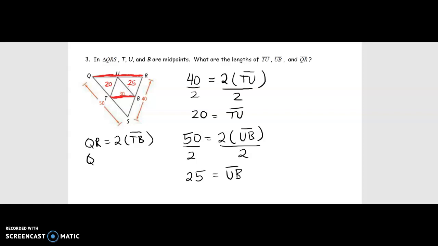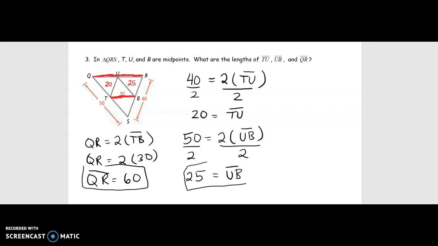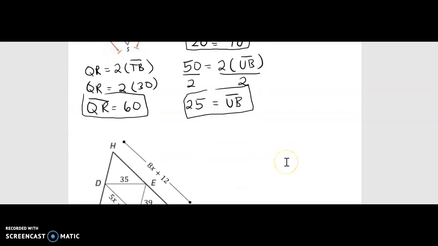QR, we still don't know what that is, so I'll leave it alone. 2, and then we have the measurement of TB, which is 30. 2 times 30 is just 60. So that's how you want to go ahead and find those values.